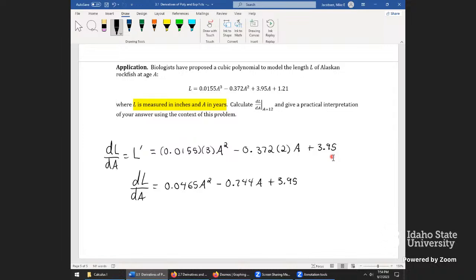So that's our derivative. Next thing we need to do is the evaluation. That vertical bar says, take this and plug 12 in wherever A occurs. Any questions first about the derivative though?